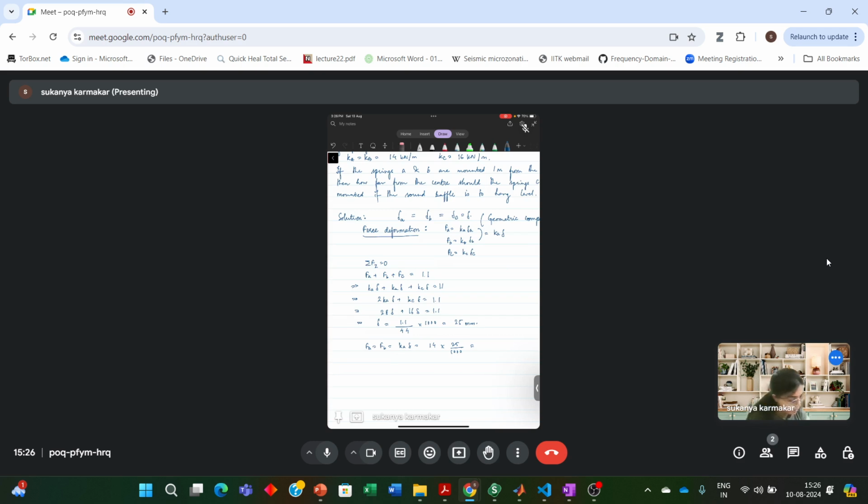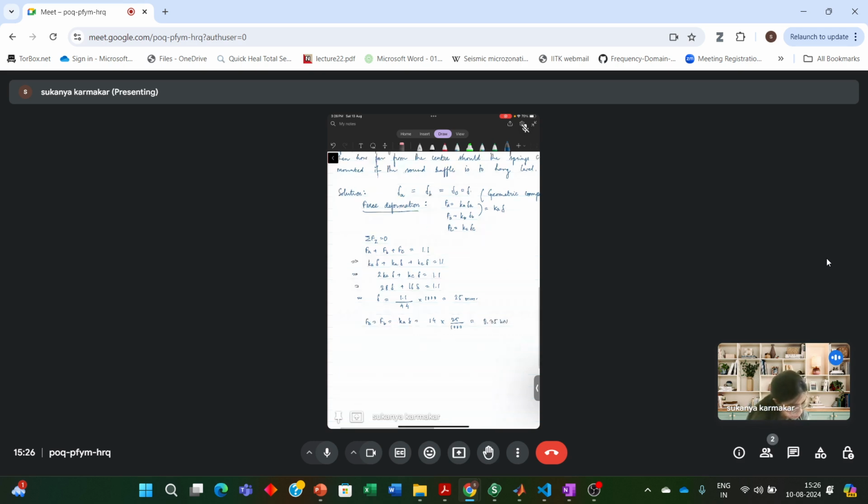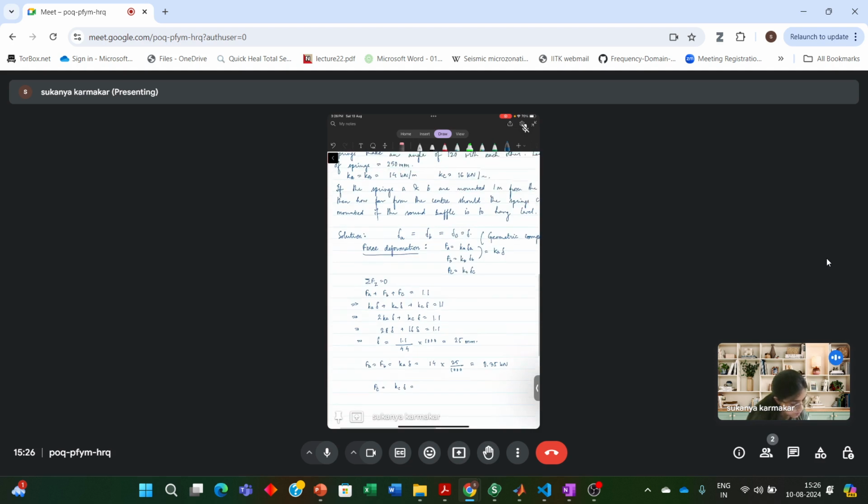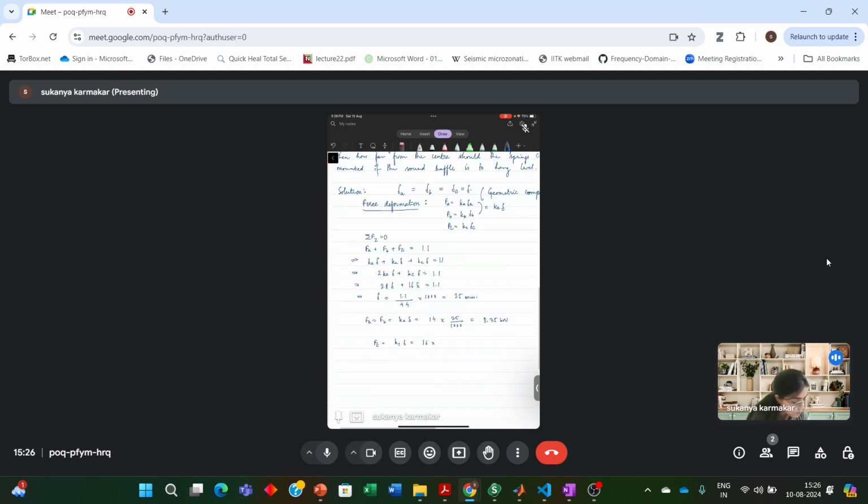So 0.35 kilonewton, and Fc is Kc into delta. Kc is 16 kilonewton per meter, and this is 25 by 1000 meter. So 16 into 5 by 1000. So this comes out to be 24 kilonewton.